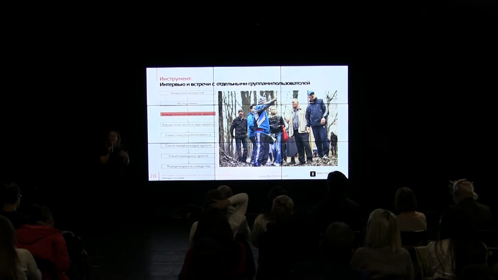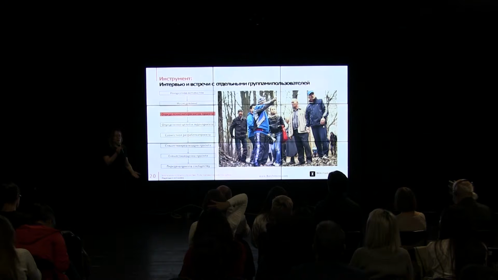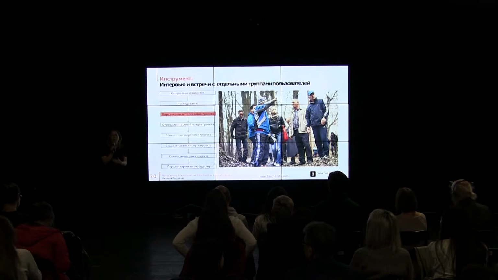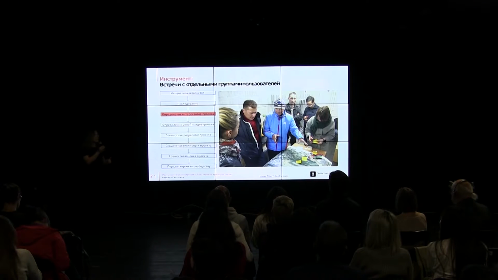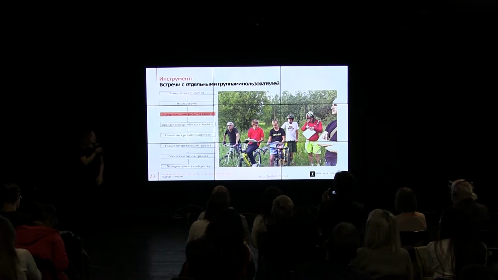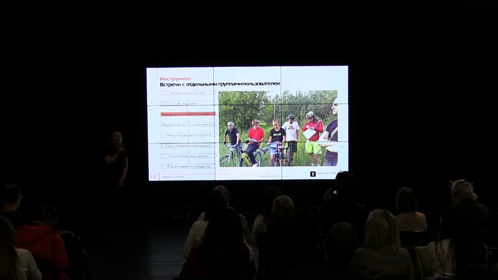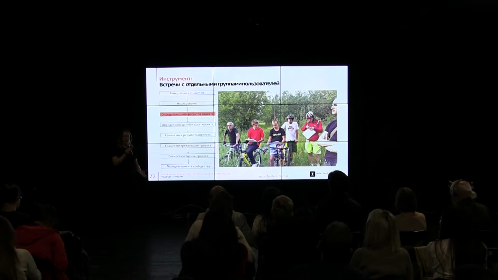We also met with athletes, and we talked to them about what infrastructure they needed. And this athletic training ground has existed there for 45 years. Apart from skiers, we also met with bicycle riders.